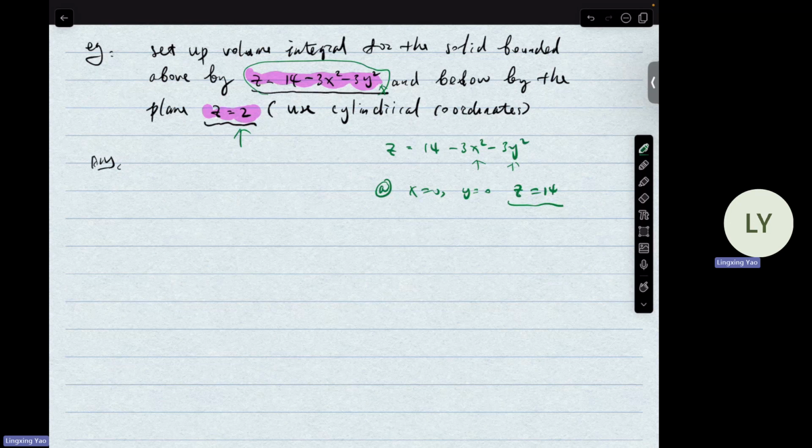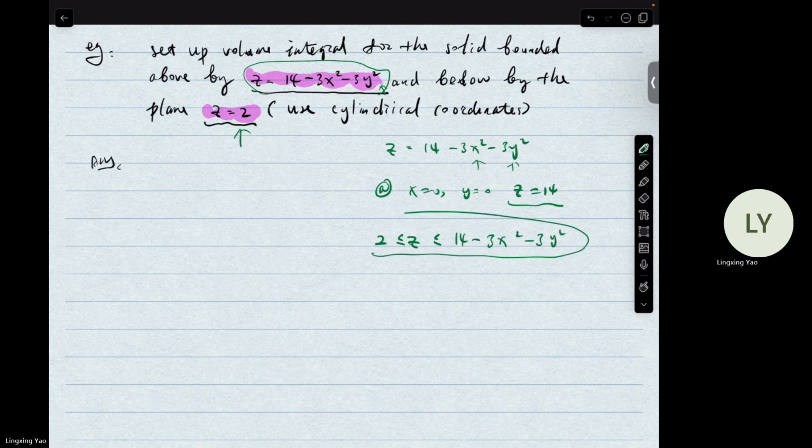It will be a curved paraboloid surface on top, and the plane is cutting it so that the volume you have indeed has a flat surface. So you would imagine z is bigger than 2 and less than or equal to 14 minus 3 times x squared minus 3 times y squared in your volume. All right.